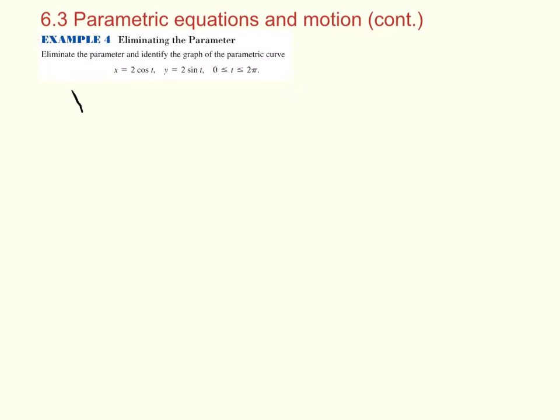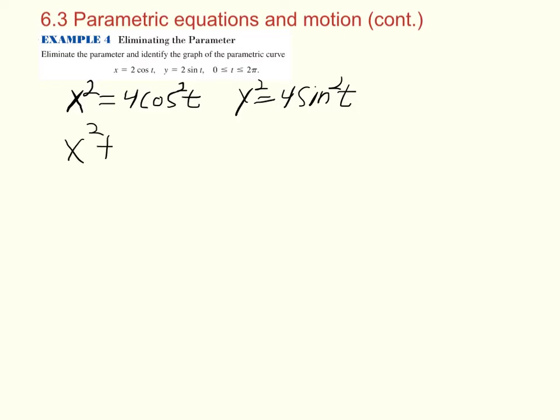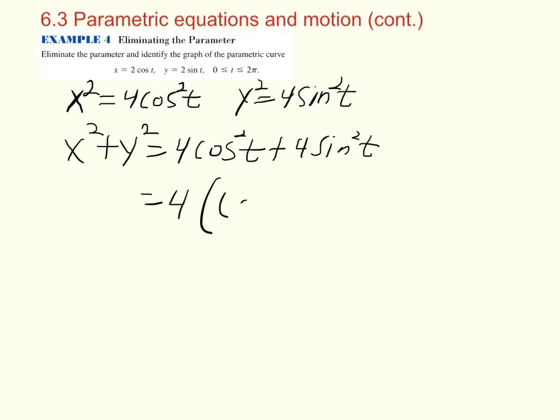So it makes me want to say that x squared equals 4 cosine squared t, and y squared equals 4 sine squared t, and therefore x squared plus y squared would equal 4 cosine squared t plus 4 sine squared t, at which point we can factor out a 4, leave ourselves with cosine squared t plus sine squared t, and of course we quickly recognize that cosine squared plus sine squared is the Pythagorean identity, which equals 1.